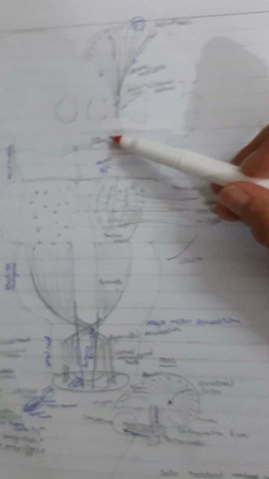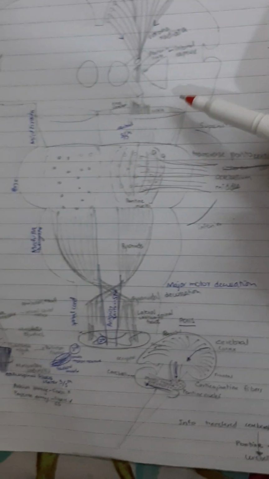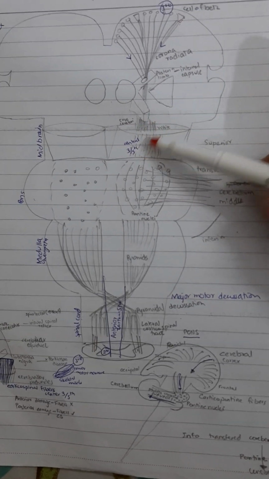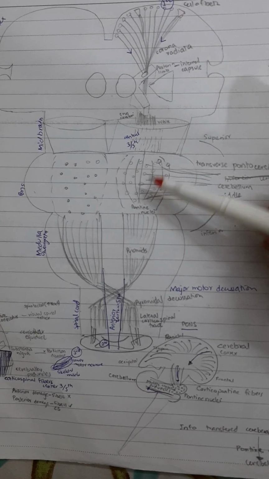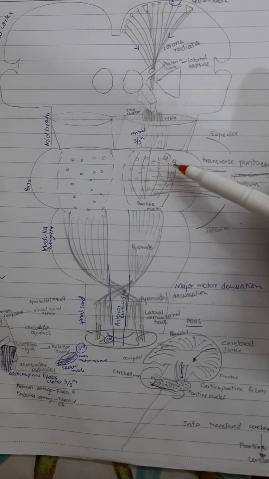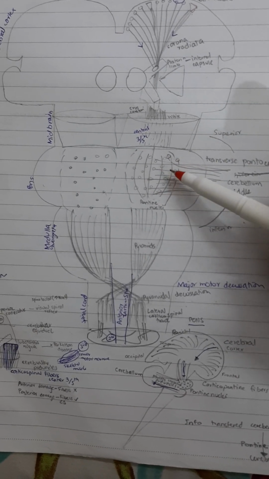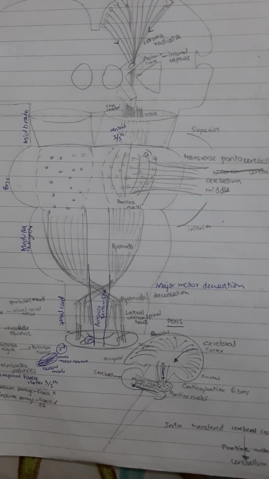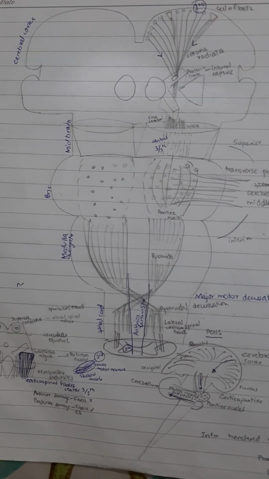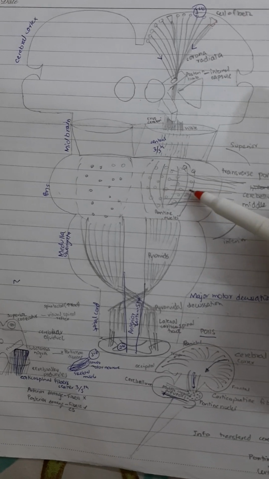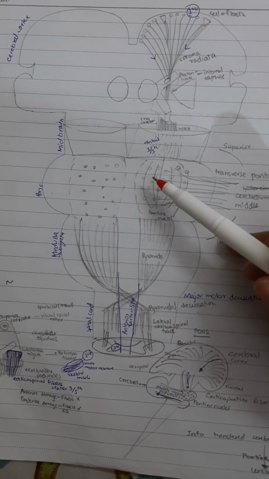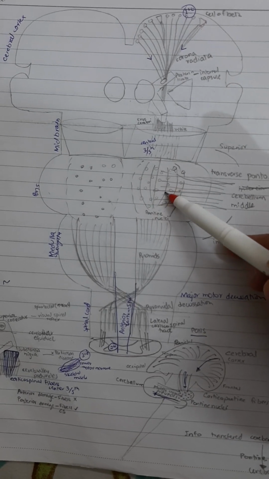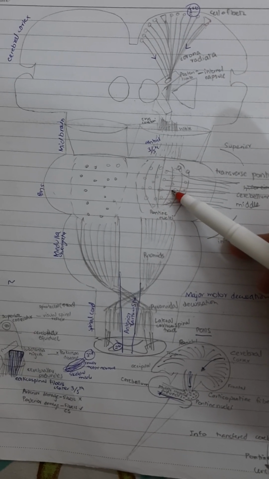From the crus cerebri they go down to the pons. In the base of the pons you have your pontine nuclei. They all go to the pontine nuclei, and because the pontine nuclei are present very dispersedly, these fibers get dispersed in the pons.